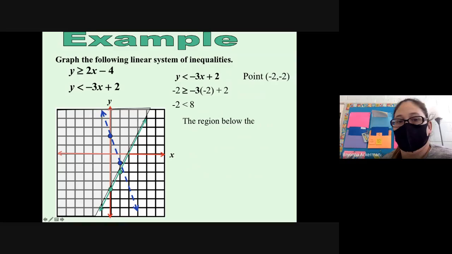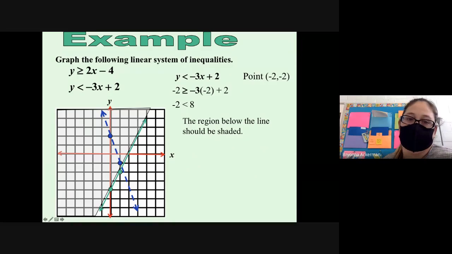So if you plug in -2 for y and -2 for x, you get -2 is less than 8. So -2, -2. Is -2 less than 8? Yes, so this would be the shaded area. So you're correct. Okay, now what happens when they overlap?